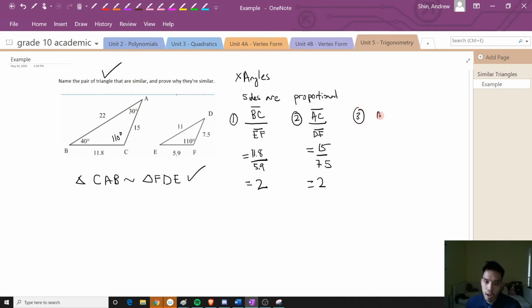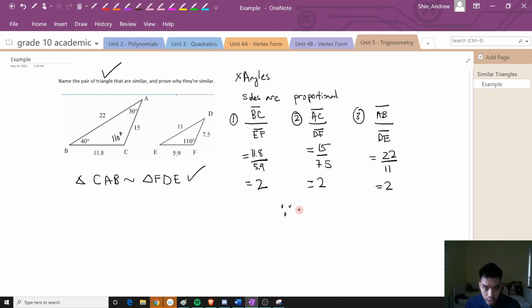So side AB over side DE. AB is 22, DE is 11. 22 divided by 11 is 2. Therefore, we have shown that all sides are proportional. Now, we've shown each of the ratios are 2.